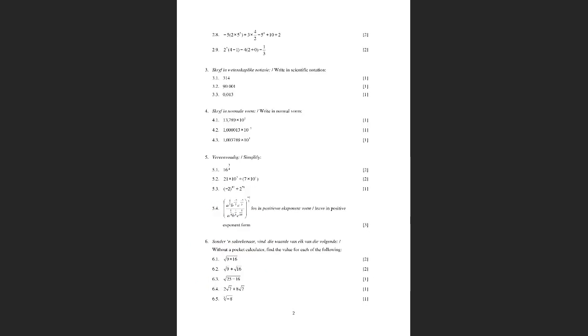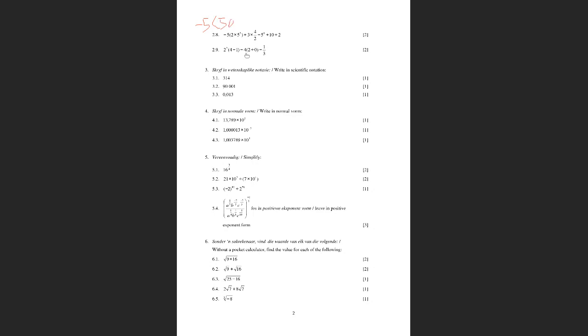The next page we have minus 5 times (2 times 5 squared) plus 3 times (4 over 2) minus 5 exponent 0 plus 10 over 2. So here we apply strictly BODMAS. BODMAS says that we must do the one in the bracket first. Now, the one in the bracket says 2 times 5 squared, which is going to give us 50.